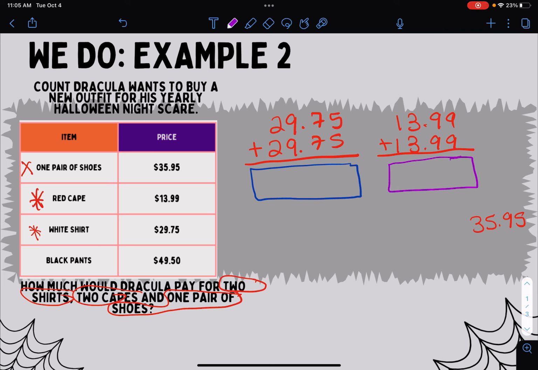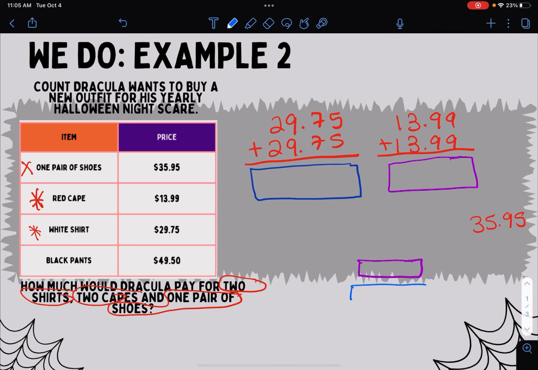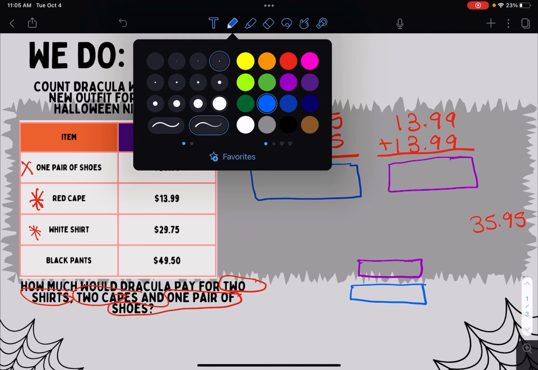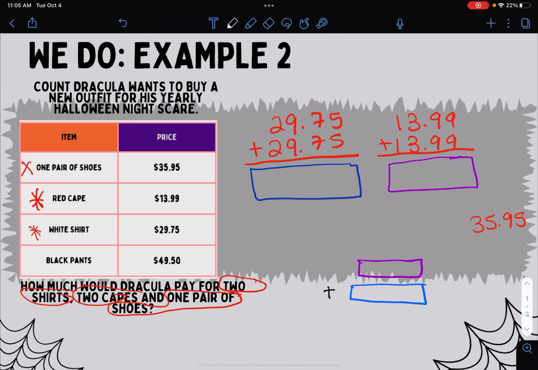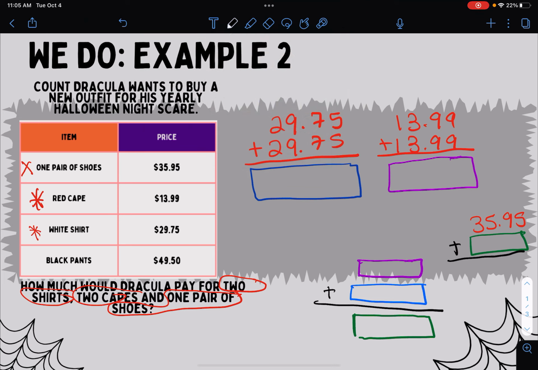You're going to add those two together. And then whatever you get there, you're going to add to the 35.95. And that's going to be your final answer.